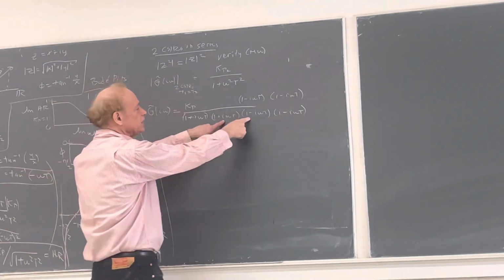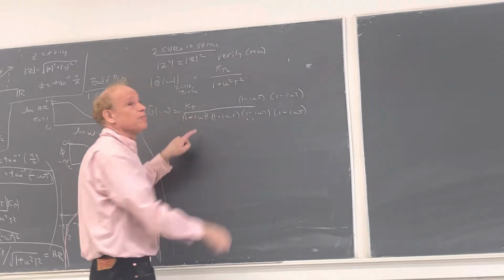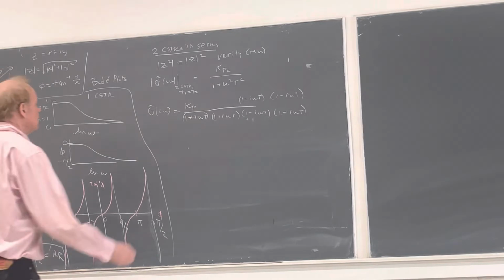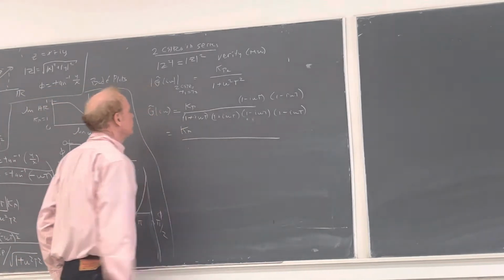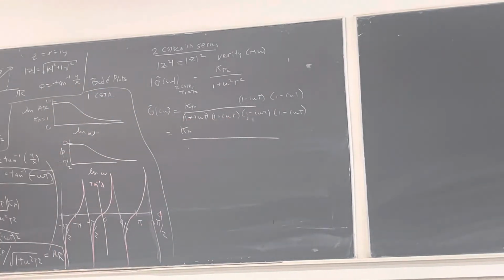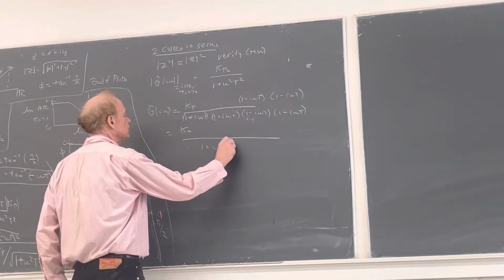Because this one gets rid of the i from here, and this gets rid of the i from here, and then I only have i's in the numerator. Let's see what I get. First, Kp. In the denominator, I have this product, and I know what that is: it's 1 plus omega squared tau squared. And I have that product twice, so I have 1 plus omega squared tau squared, squared.